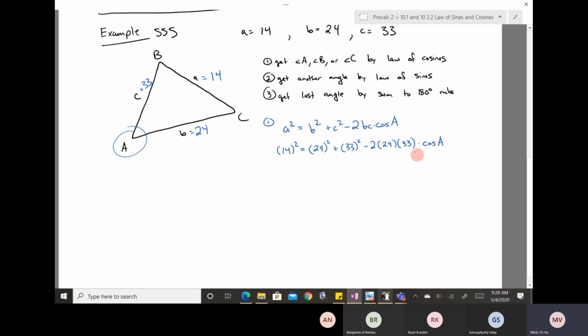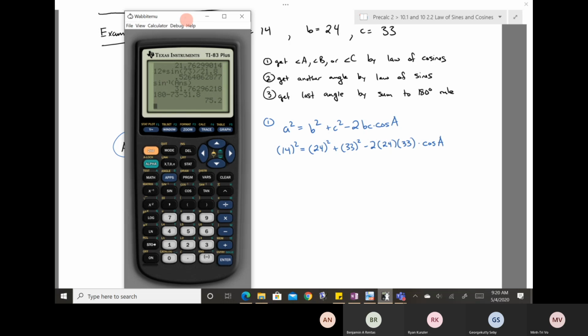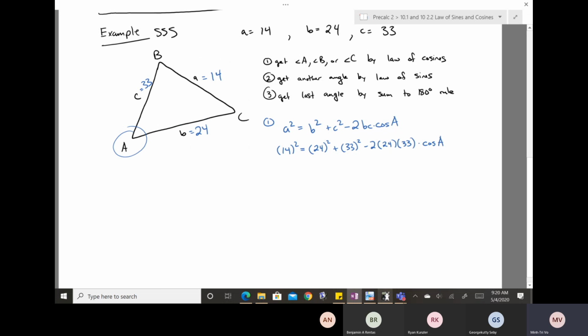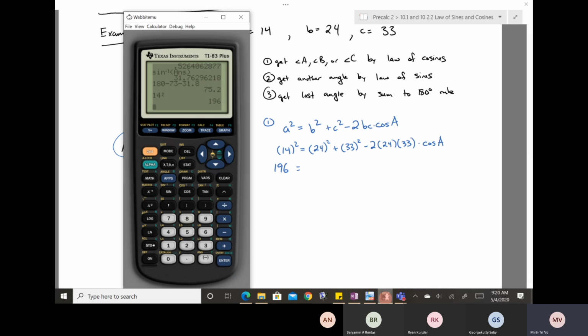So let's do some of the calculations. You want to be careful here, right? So calculate each of the individual pieces first. 14 squared is 196. What is 24 squared?